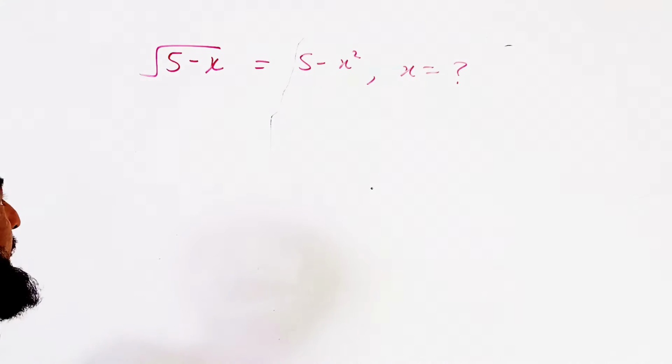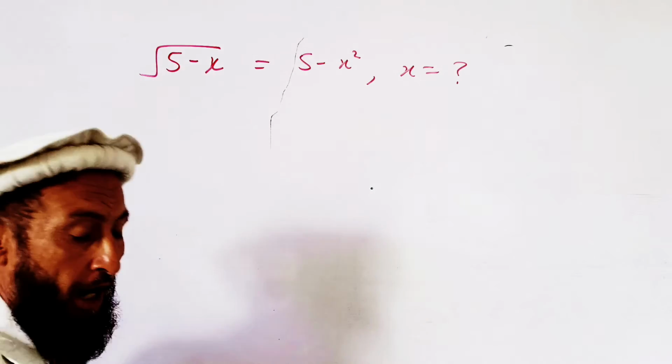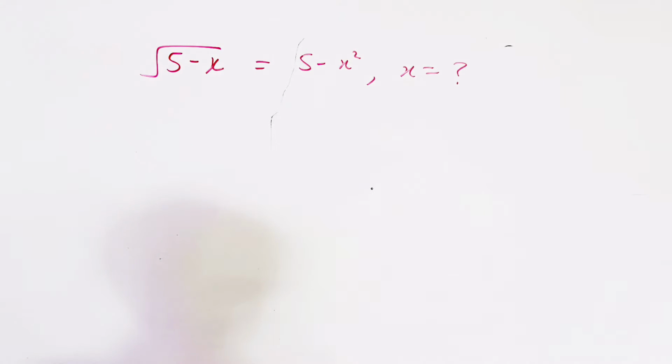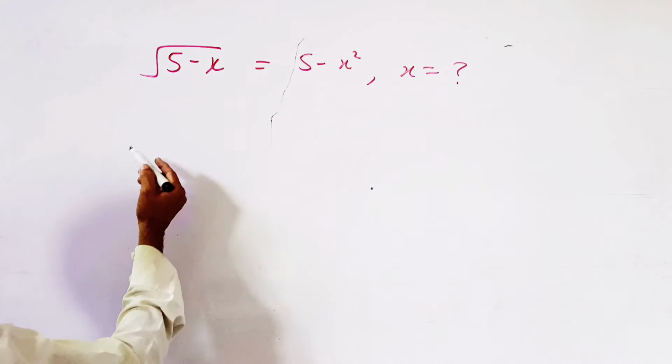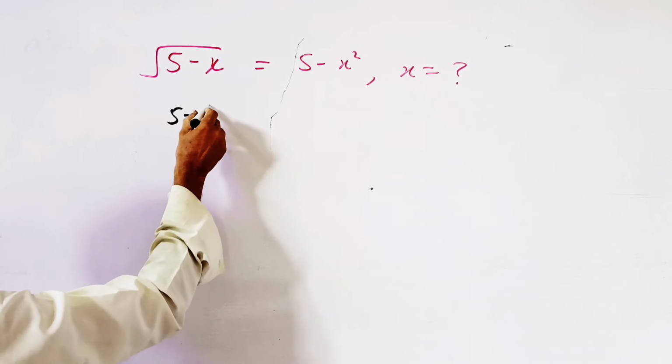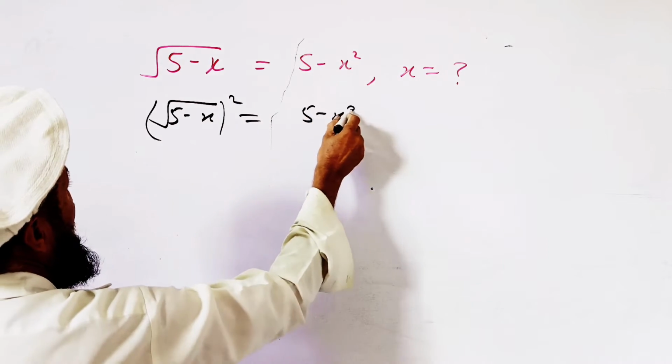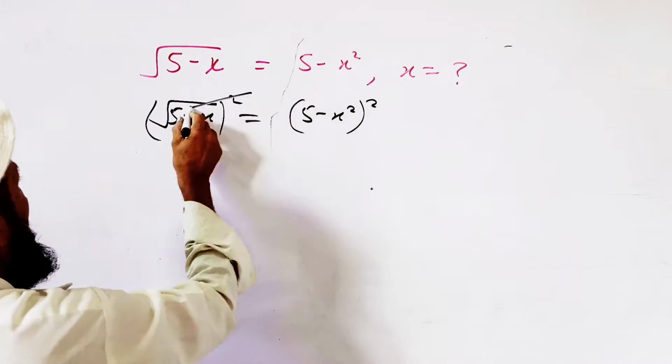In this type of radical equation, taking the square is required, but if we take the square, the question becomes very difficult. If we take the square on both sides, the 5 minus x square becomes x power 4.